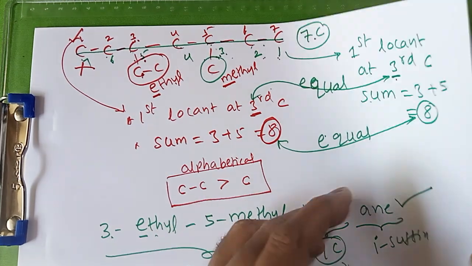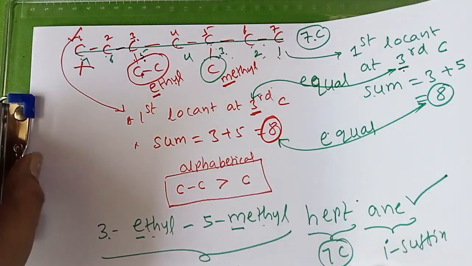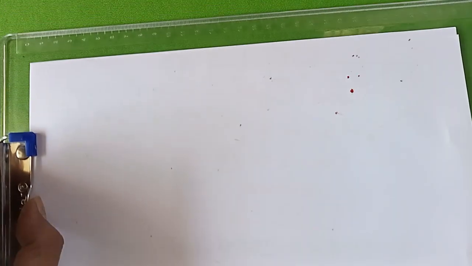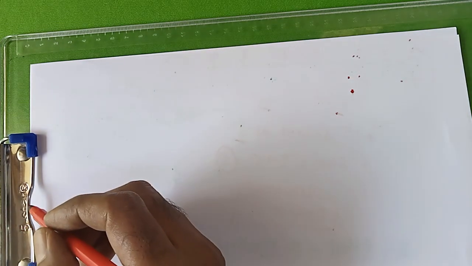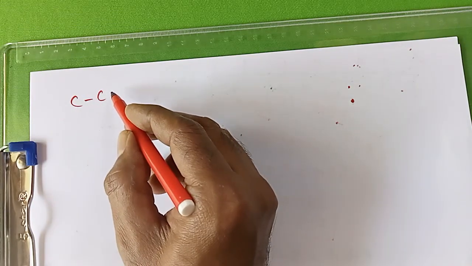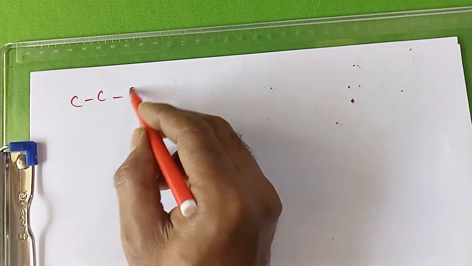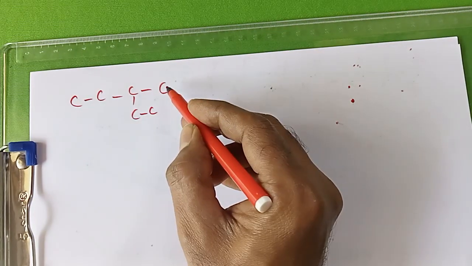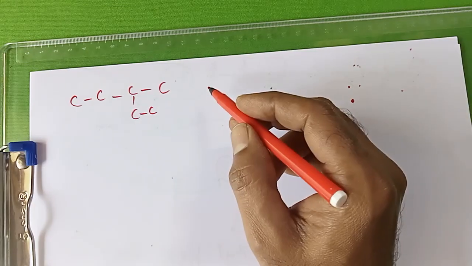Next example. We move to another example from NCERT only. Then C, C, here 1, 2, again 1 carbon you take like this, and see here.